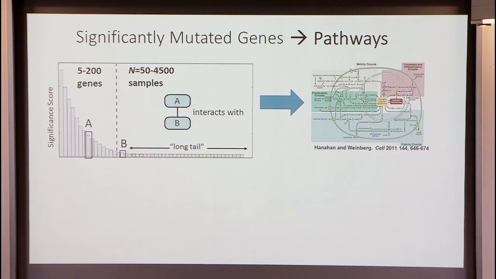So perhaps if we think about this complexity, we're not surprised at all to see this long tail phenomenon, because what we're seeing is just an illustration of all the different ways that mutations could have hit the genome to lead to that same phenotype. And there's a huge number of combinations in order to do that.